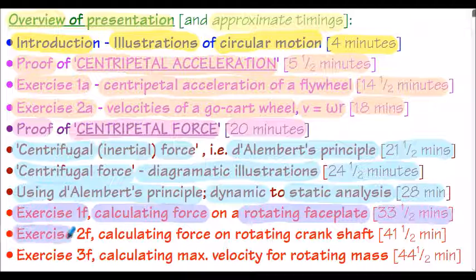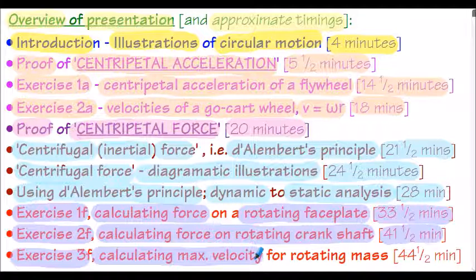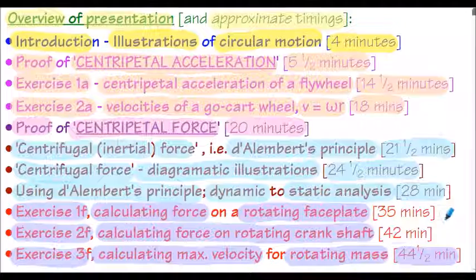Exercise 2F calculates the forces involved with a rotating crankshaft, 41.5 minutes in. And finally, exercise 3F, this calculates the maximum velocity that a rotating mass can have given the allowable force that the cable can withstand when rotating the mass. That's 44.5 minutes into the presentation.